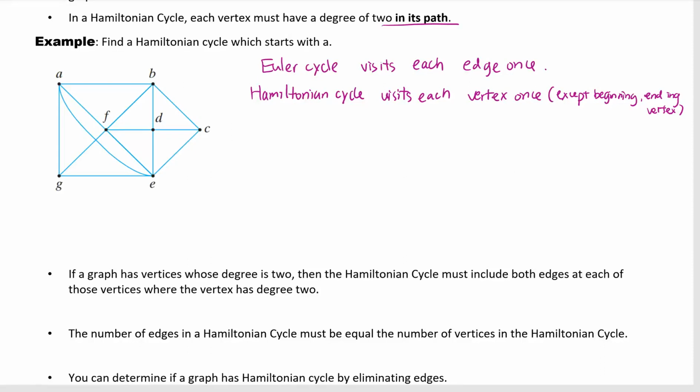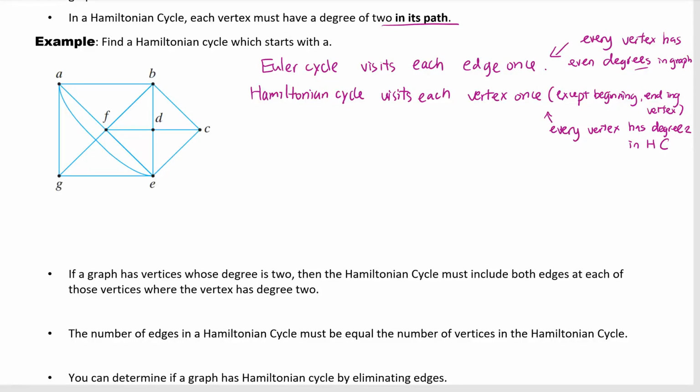For the Euler cycle, every vertex has even degree in the graph. But for the Hamiltonian cycle, every vertex has degree 2 in the Hamiltonian cycle. It's not degree 2 in the graph, it's degree 2 in the Hamiltonian cycle.